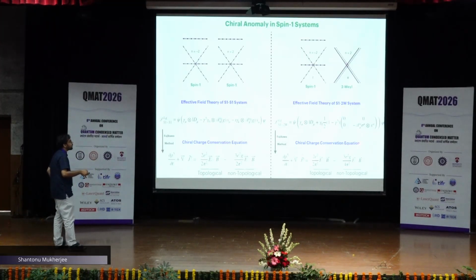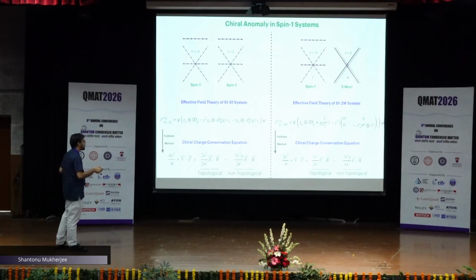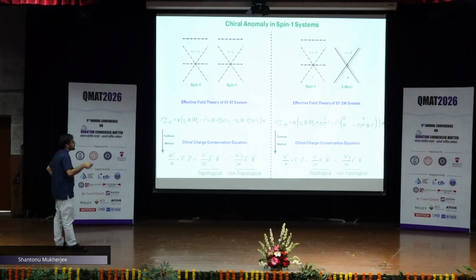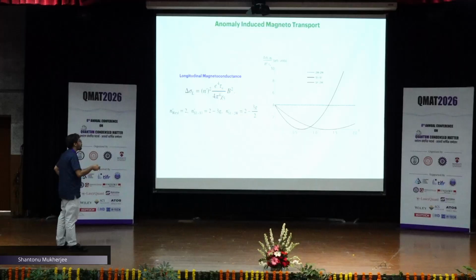And we have also done the same calculation for the spin 1 2-Weyl system, which is actually the realistic system, and here we see a similar term appears with a factor of half.